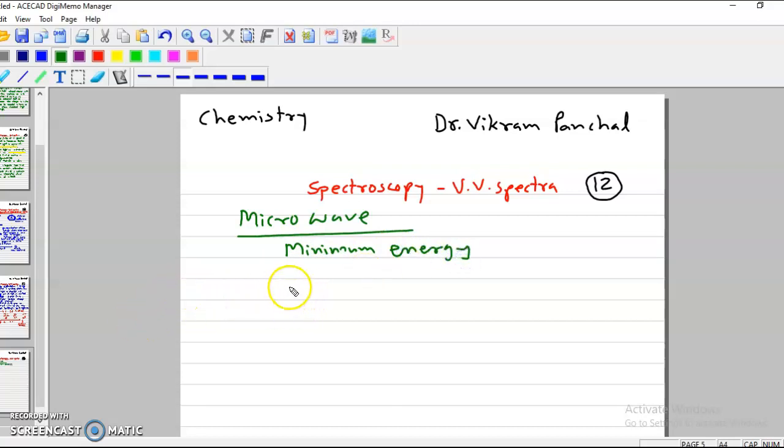And what kind of changes appear because of microwave? Let us see this with two examples. One is HCl, another is HBr.